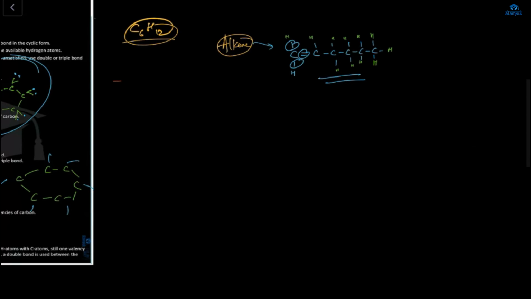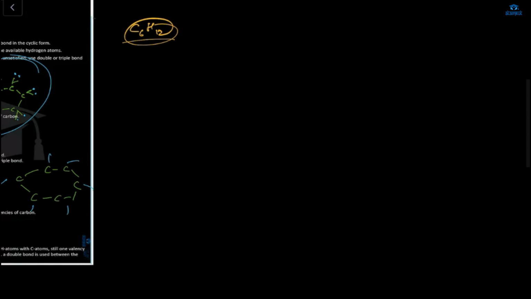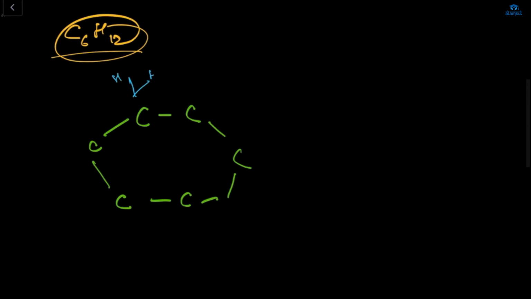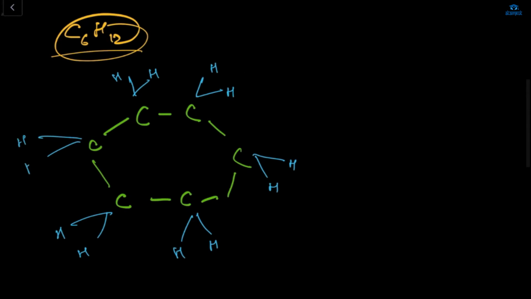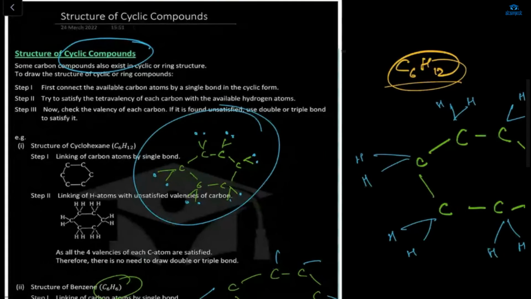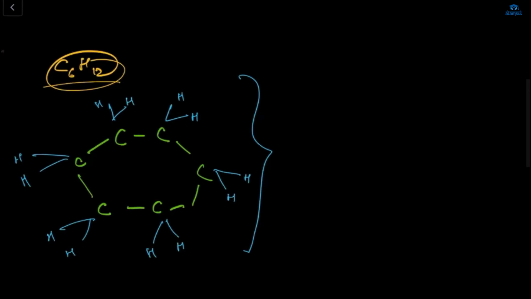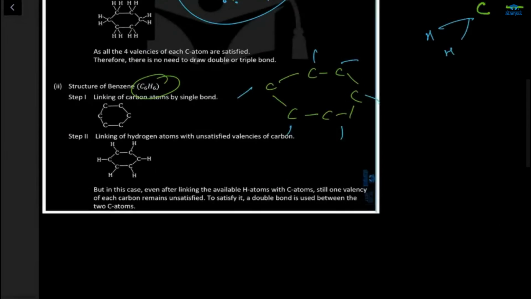It's not that it's wrong, it's correct. But if it asks you to make a cyclic compound, then you have to make it like this: 6 carbons, and then 2 hydrogen on each carbon. Here also 2, so it's total 12. Safia, you got it? Because this is the topic of your cyclic compounds. That was also correct, but in the cyclic way, we have to make it like this. Got it? Next. Yes, ma'am.